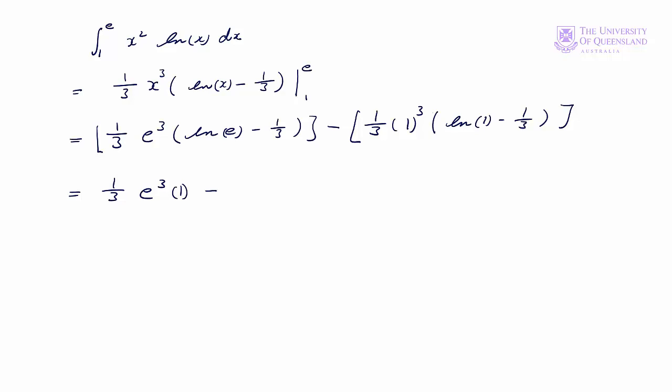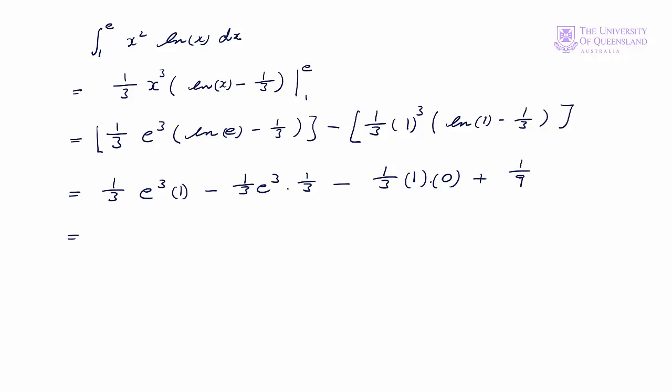Minus 1/3 e cubed times 1/3, minus, well, 1/3 times 1 cubed is 1/3 times the log of 1. The log of 1 is 0, so it will be 1/3 times 1 times 0, a minus, that'll be plus 1/9.